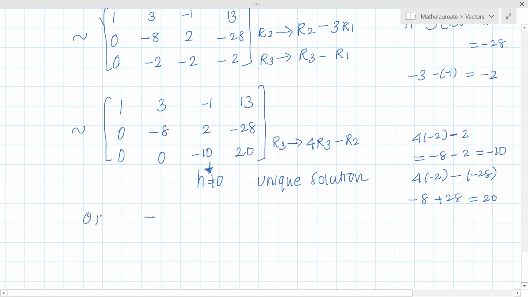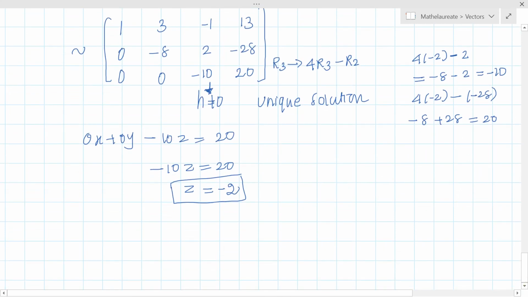You write 0x plus 0y minus 10z equal to 20, which means minus 10z is 20 and z will be minus 2. We got the value of z. We can get the corresponding y and x values by substituting these values into the previous two rows.